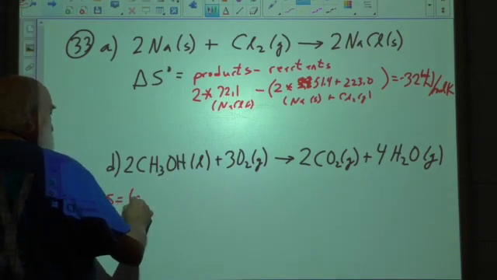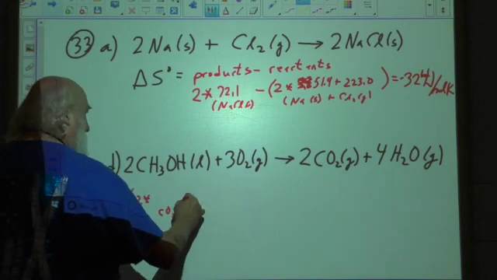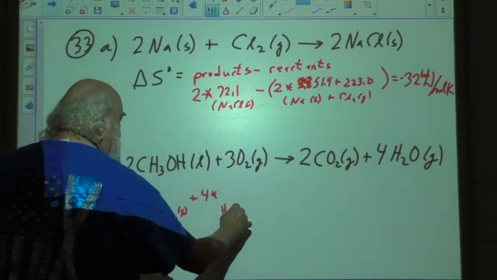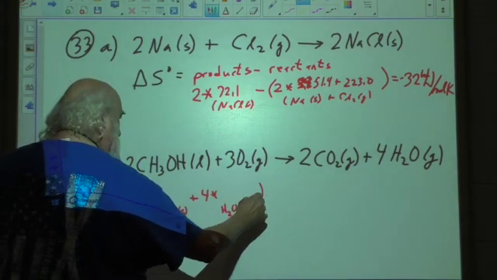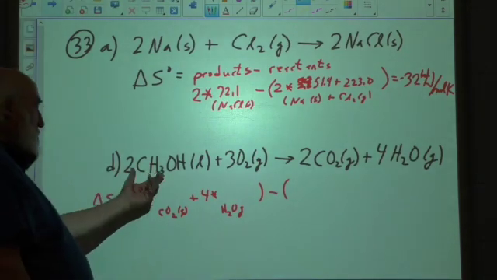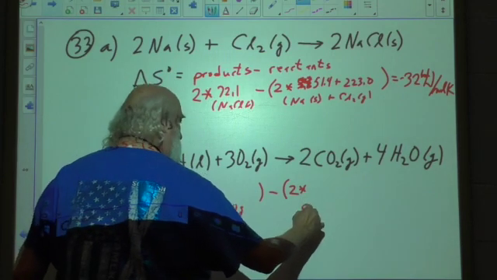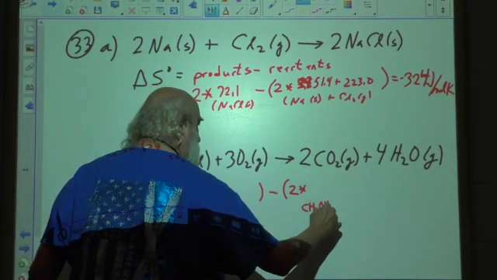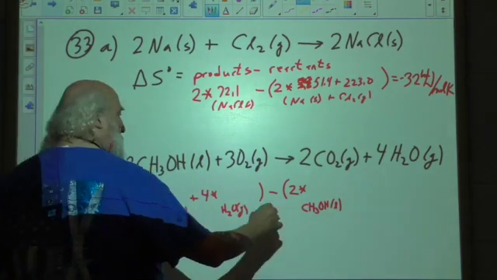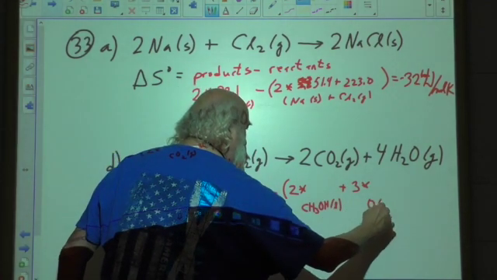So this is going to be 2 times whatever CO2 gas is, plus 4 times whatever H2O gas is, also known as steam, minus, and now we go over here, 2, this is methanol, so 2 times whatever methanol liquid is, plus 3 times oxygen. This is O2 gas.